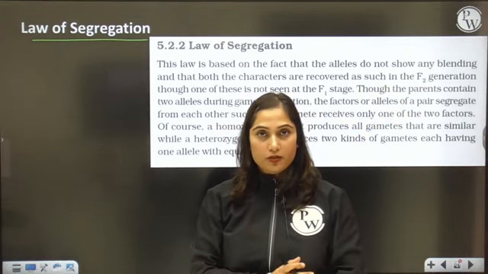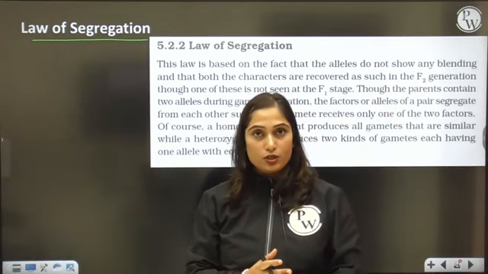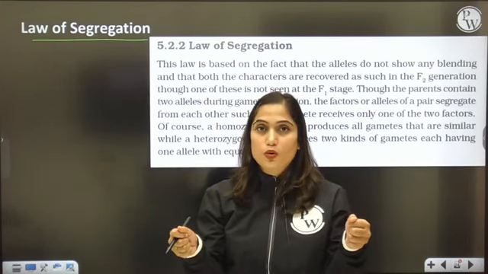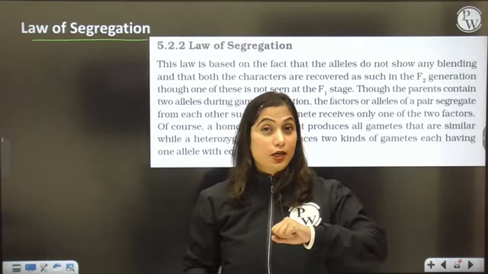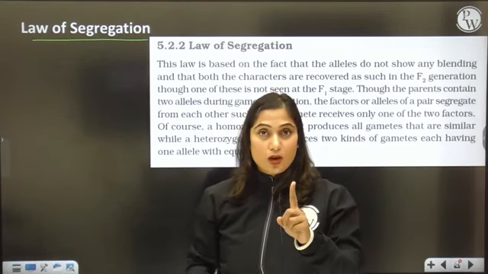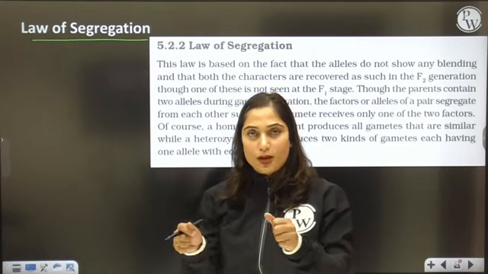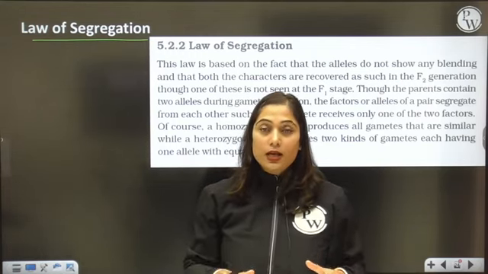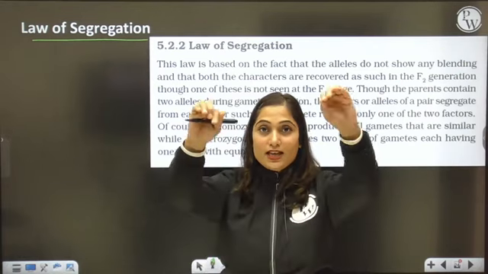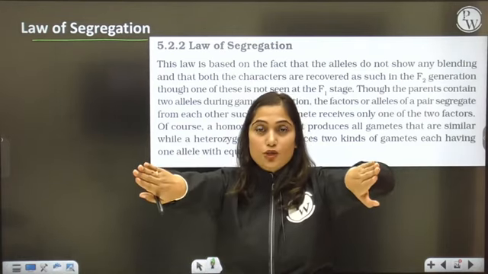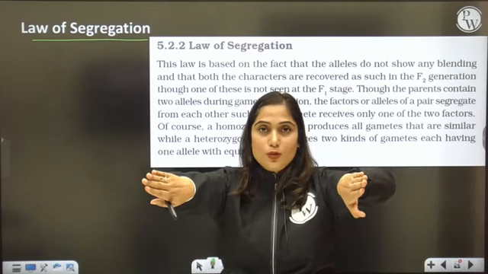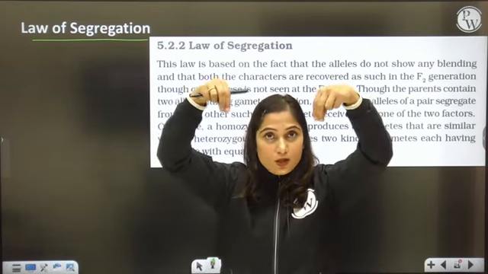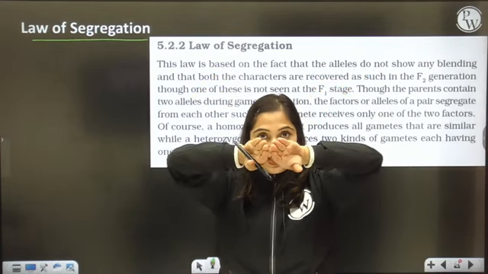In a diploid individual, during gamete formation and meiosis, there is separation of homologous chromosomes during anaphase 1, and then separation of chromatids during anaphase 2. So during gamete formation there is separation of homologous chromosomes, and along with it, the genes present on the chromosomes also get segregated.